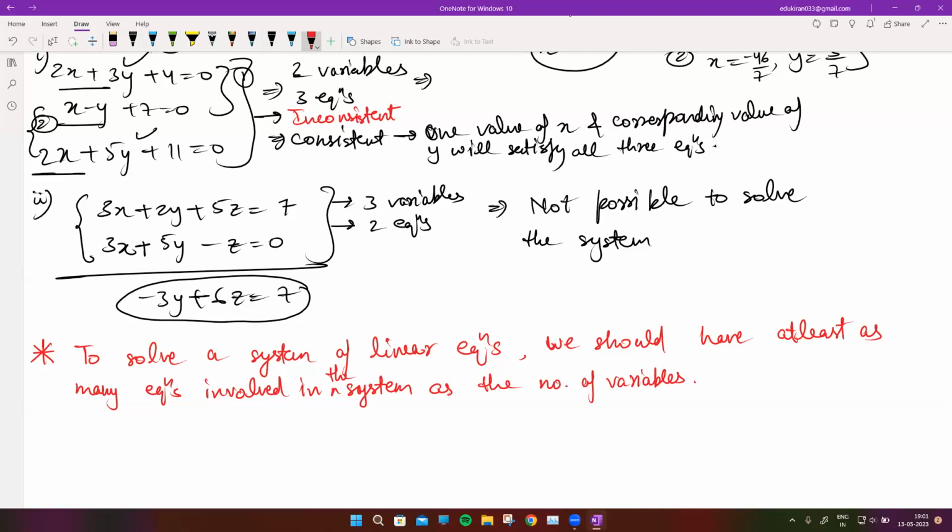The minimum number of equations should be equal to the number of variables involved in the system.